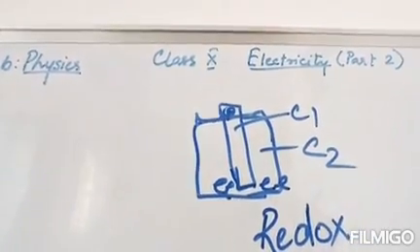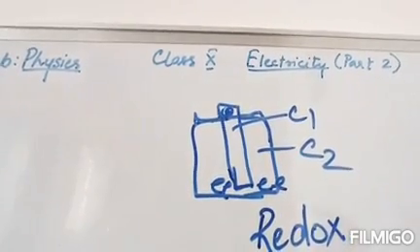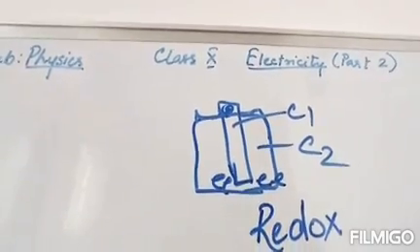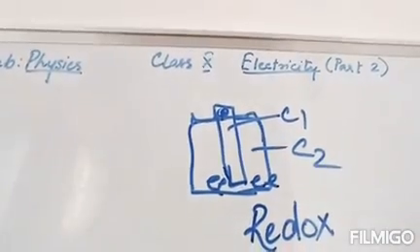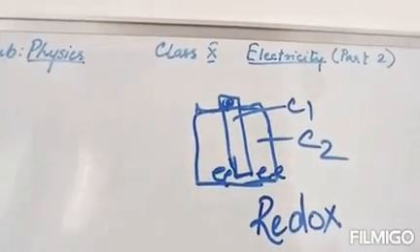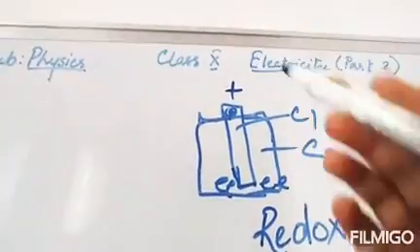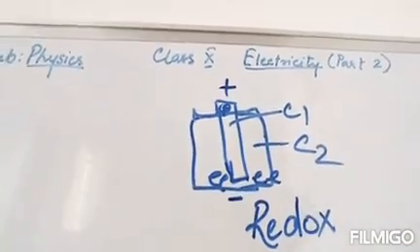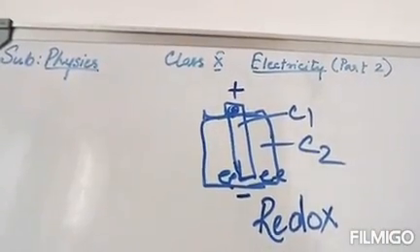As you all know, the proton is positively charged and the electron is negatively charged, and the number of protons and electrons is the same, right? So if some amount of electrons come to the other end of the battery, that end will be negatively charged and the other end will be positively charged. So this is the work of the cell or battery.